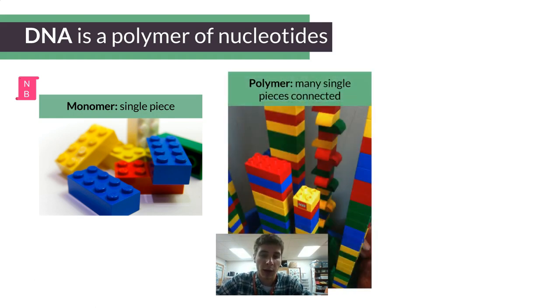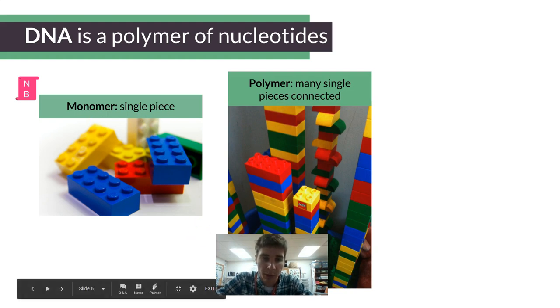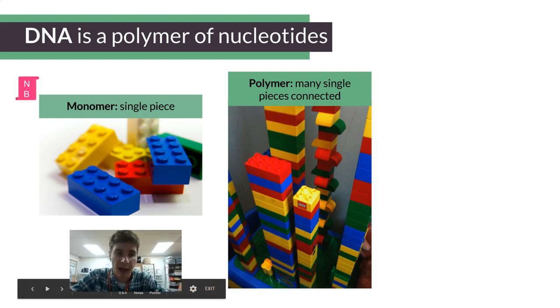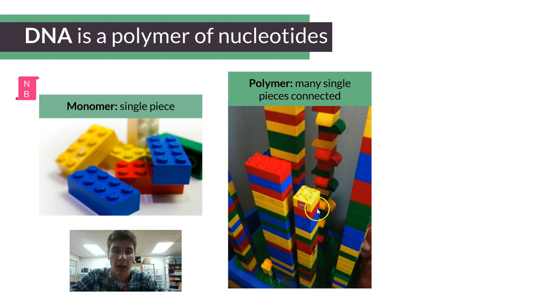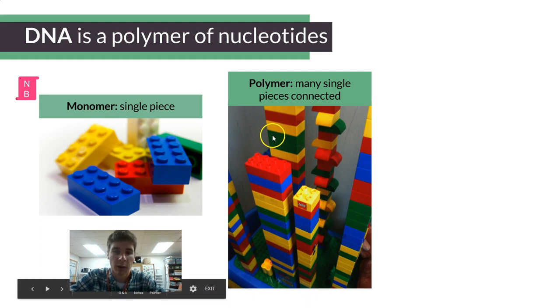When we polymerize Legos, which is to say when we put them together, we can make really fascinating structures. Here we have some really tall towers right here. You may have built something like this when you're like 5 years old. But we can say this is a polymer because it takes many single pieces and they get put together.